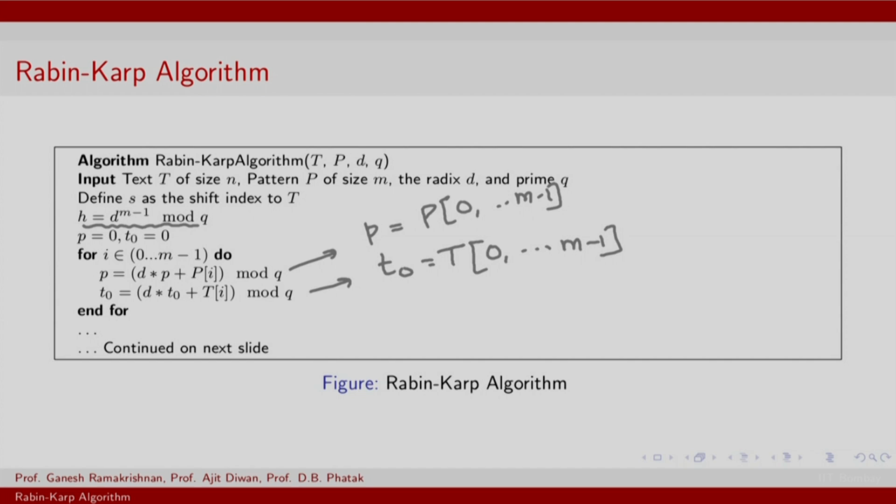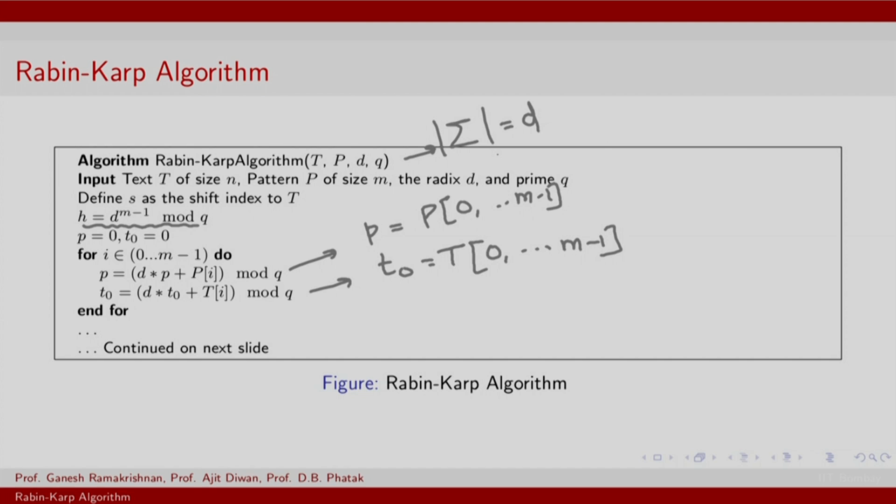We have made an assumption here that the text t consists of a vocabulary sigma which is of size d. So we are able to create a one-to-one mapping from every character in sigma to one of the digits 0 to d minus 1.